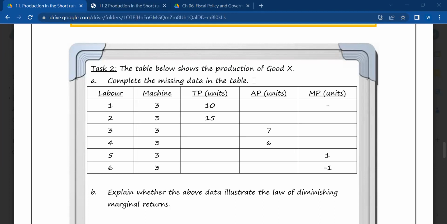You should know how to calculate the marginal product today.